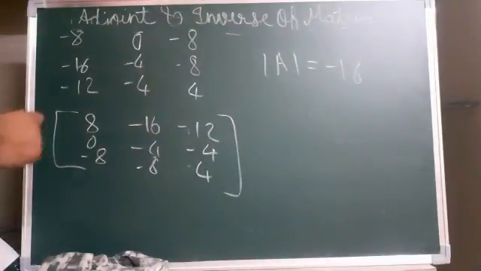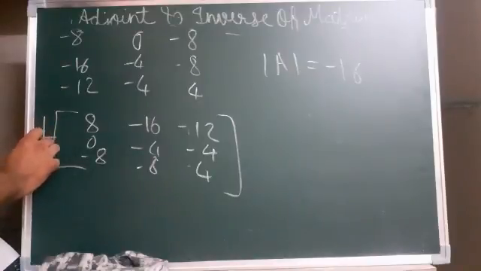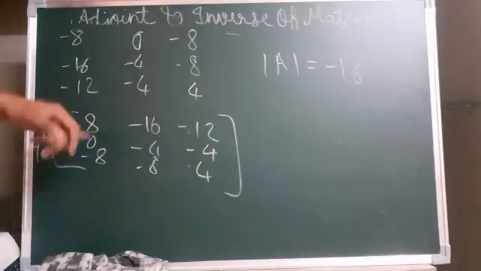For finding the inverse we will have to multiply it with the reciprocal of determinant A, 1 upon minus 16 into this.